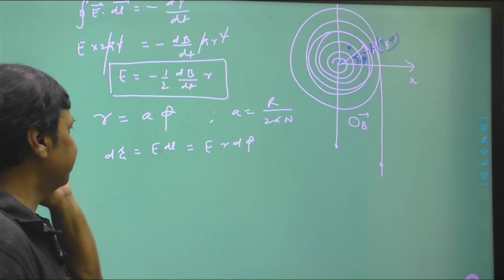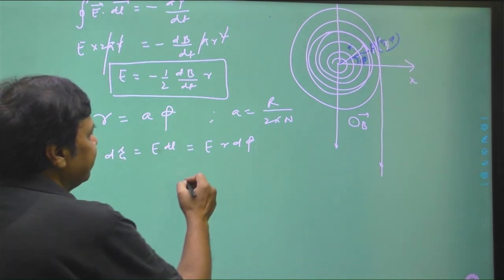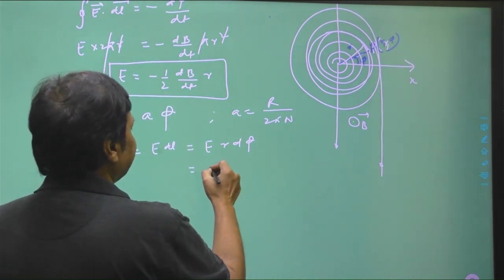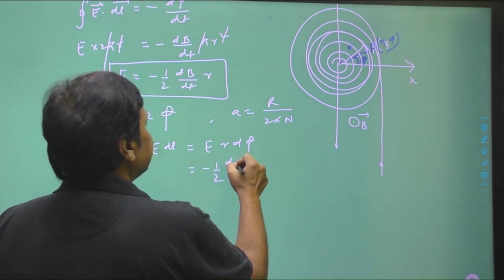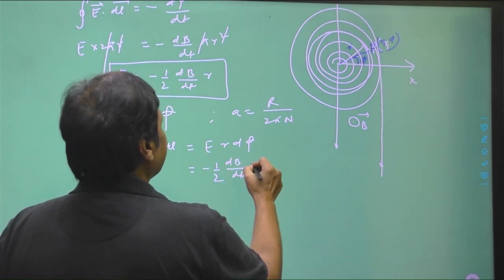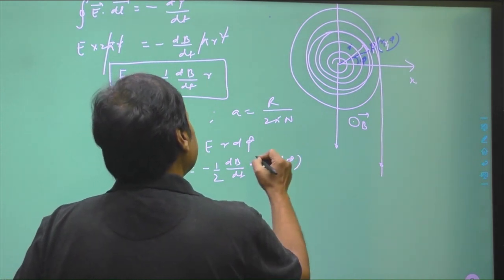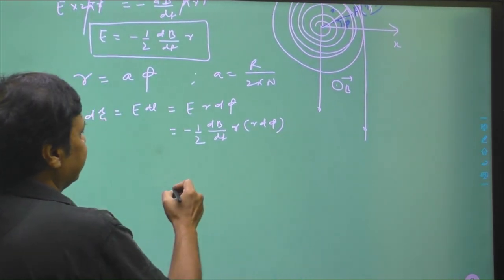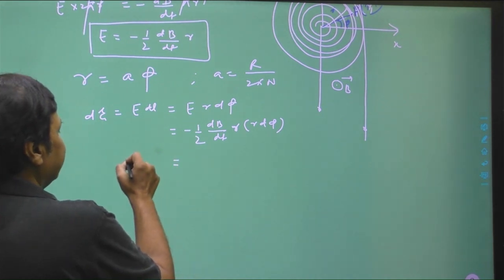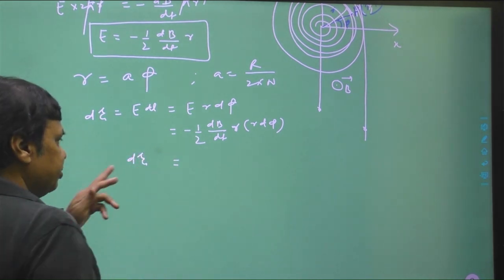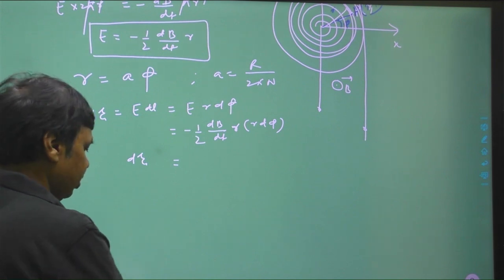For E, I already got minus half dB by dt r, and then multiplied by r d phi. So you will get r square here, and this induced EMF was the ultimate goal of this problem to find.